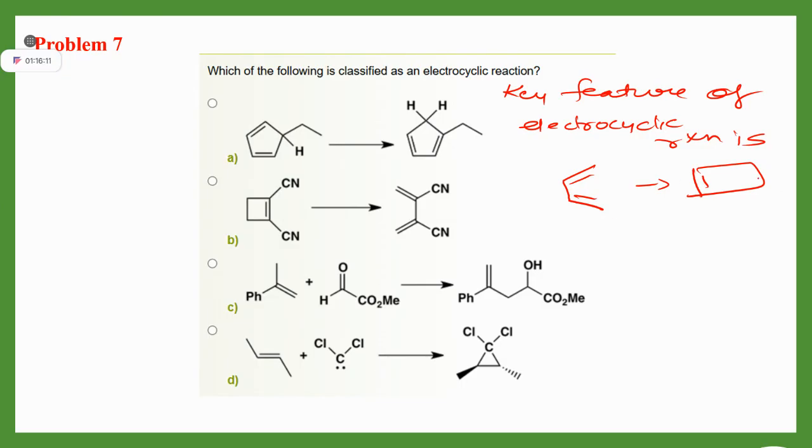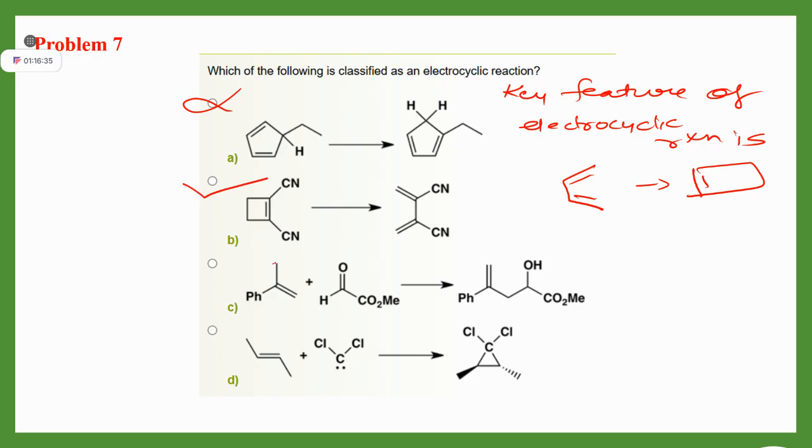Three sigma bonds here, four sigma. Means in an electrocyclic reaction, one pi bond is less in the product. But here, two pi bonds in reactant, two pi bonds in product. So option A is deleted. Here, two pi bonds in product, one in reactant. So yes, this can be an electrocyclic reaction.